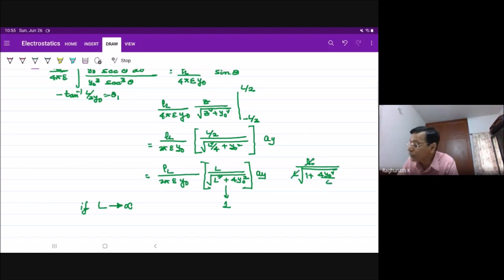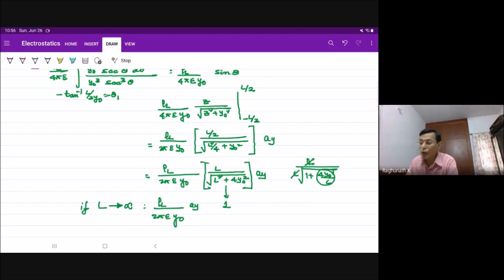Now L is equal to infinity will make this equal to 0. 1 by 1 is equal to 1. If L tends to infinity, it is rho L by 2 pi epsilon y naught, the distance Ay. Extremely important case for us.